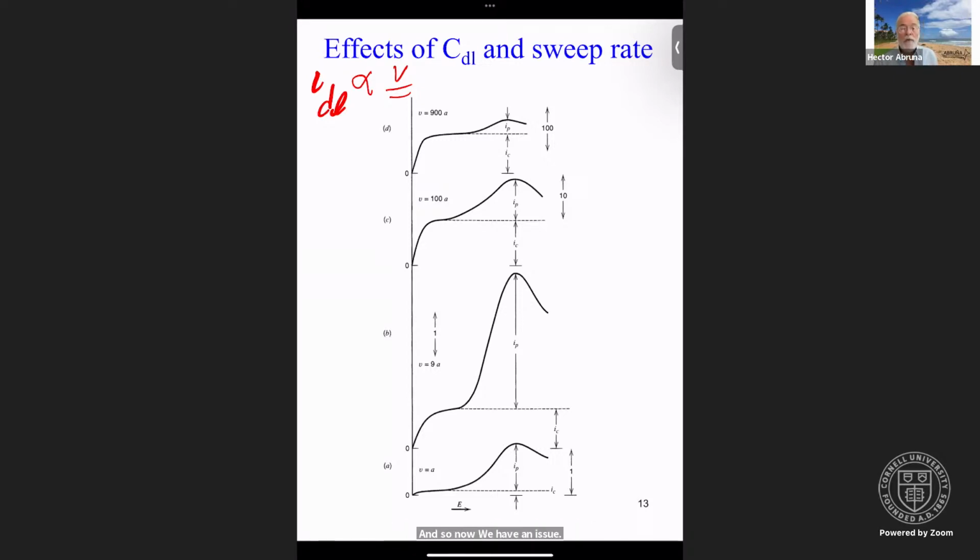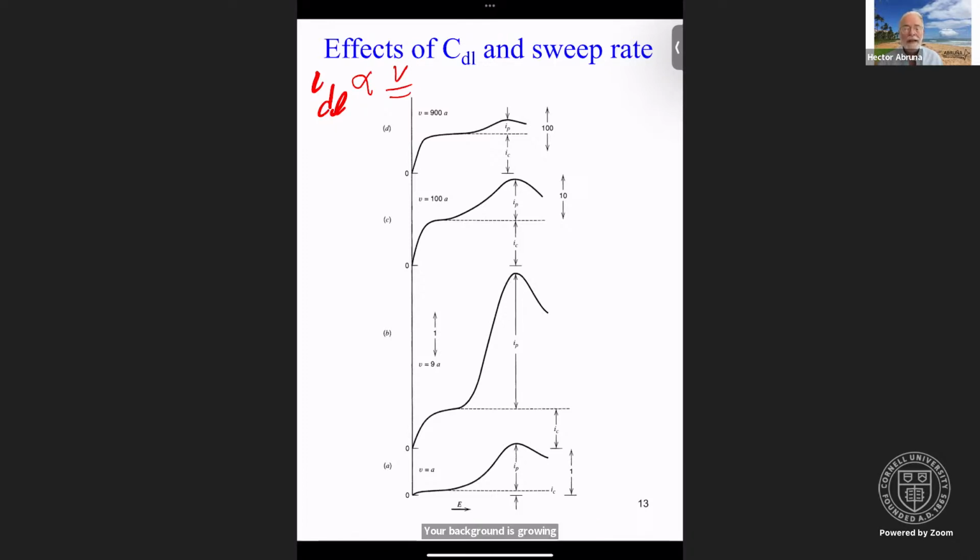Surely the peak current will increase as we increase the sweep rate at a rate of v to the 1/2, but the double layer is increasing linearly with sweep rate. And so the fact remains that as you scan faster and faster, your background is growing faster than your Faraday current.